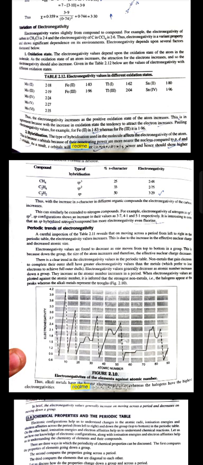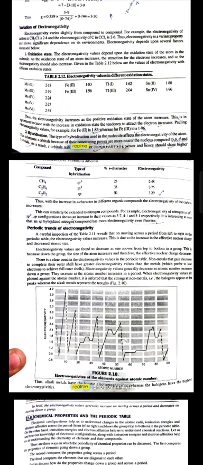Hybridization. The type of hybridization used in the molecule affects the electronegativity of an atom. This is because s orbitals, because of their penetrating power, are nearer to the nucleus compared to p, d and f orbitals. As a result, with increase in the s character in different organic compounds, the electronegativity of carbon increases.